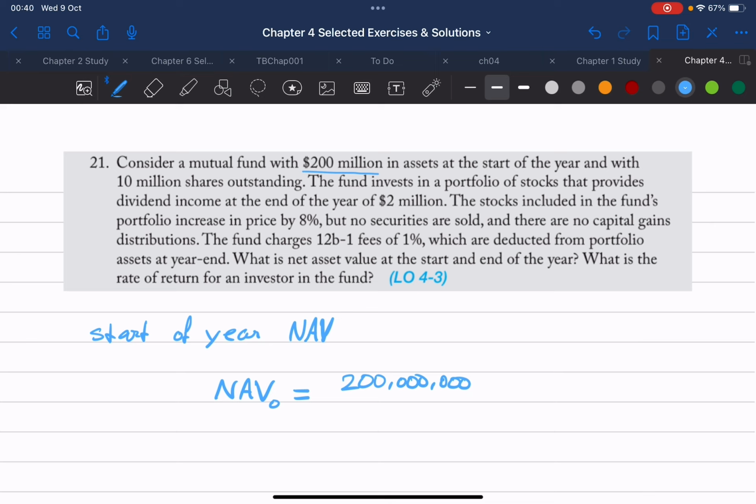The question gave us no liabilities of the fund, so we could represent it this way, or you can just ignore this part and not write it. Okay, divided by the number of outstanding shares, which was given to us right here, 10 million shares.